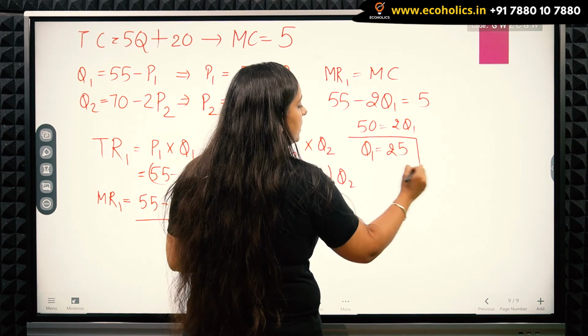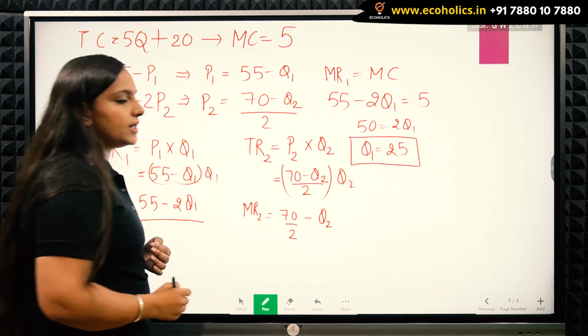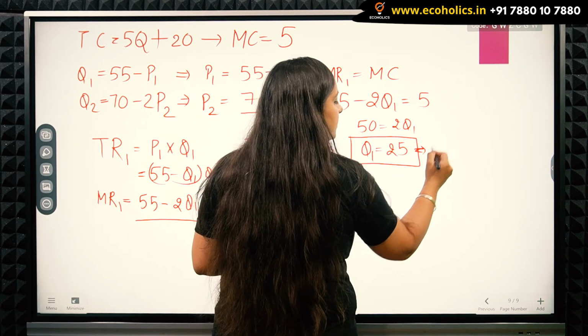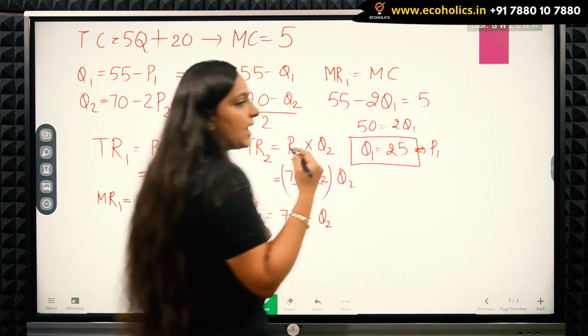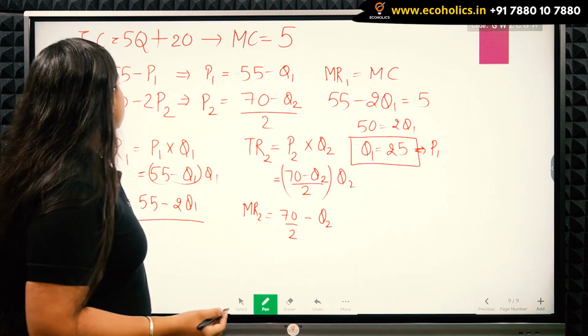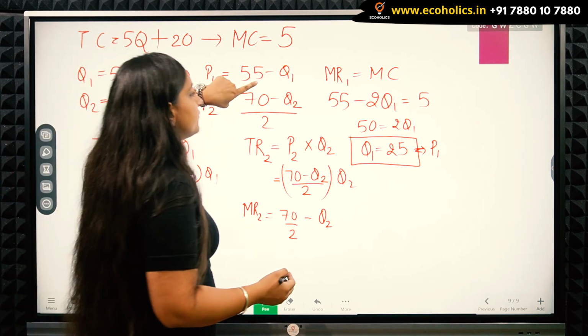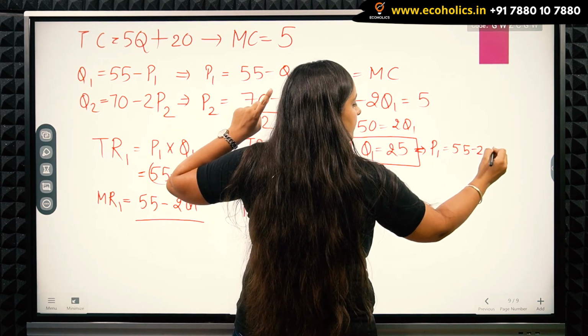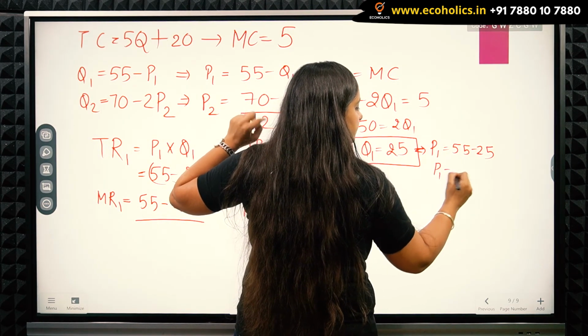This is the quantity the monopolist will sell in the first market. Corresponding to this, I get the price, which is asked in part 2: 55 minus 25, so the price is 30.